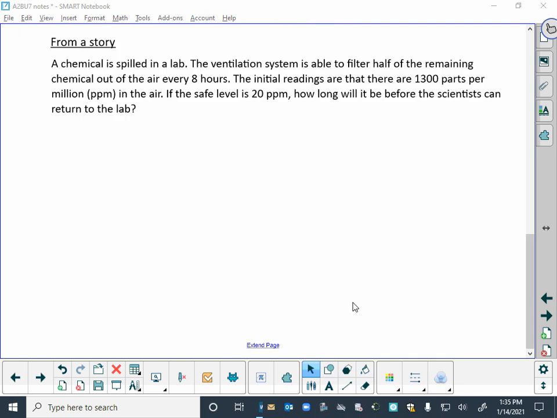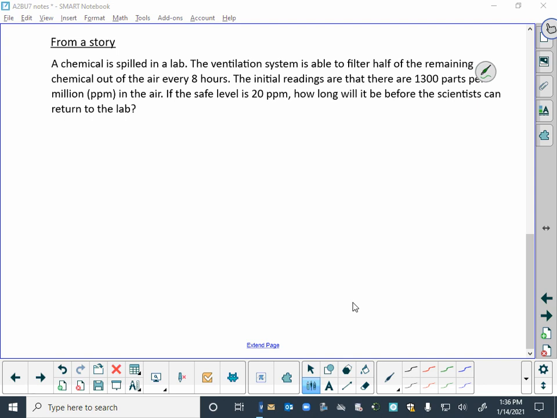All right, and then finally, sometimes the stories, and we worked on this before, how to kind of write these stories from the descriptions. So we've got a chemical that gets spilled in a lab. The ventilation system is able to filter out some of that. In fact, it can filter out half of what is in the air every 8 hours.